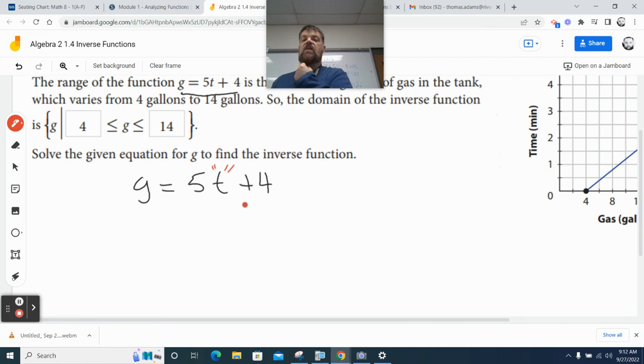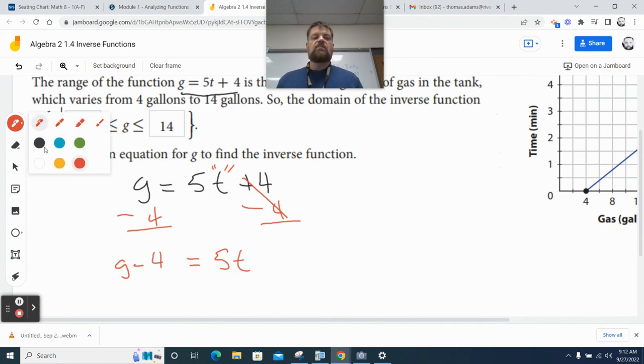Well, we could divide by 5 or we could subtract 4. Which might be easier as the first step? Subtract 4. We could divide by 5 for sure, but then we have to divide all 3 terms by 5. But if I subtract 4, I only have to divide once. So anyways, what I'm going to do here, 4 minus 4 is 0. That leaves me with 5T. And over here, I'm just going to say G minus 4.